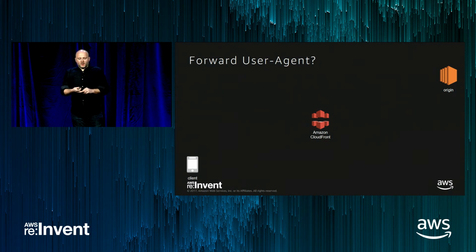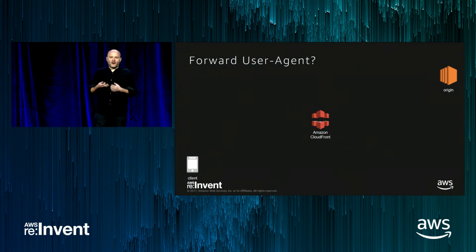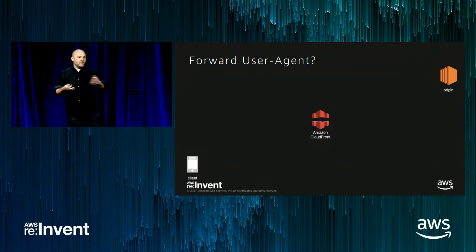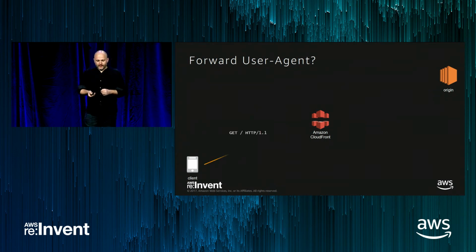So I'm going to do an example here: forwarding the user agent string. Let's say I've got an application and I need to know what the user agent is. Perhaps I need to know whether it's a mobile device or a desktop device, for instance, so that I can vary what I return, the HTML I return, maybe the style sheet, or something to do with the size of the display, or something specific about that client.